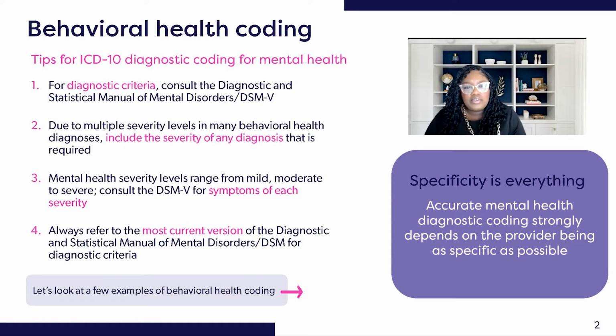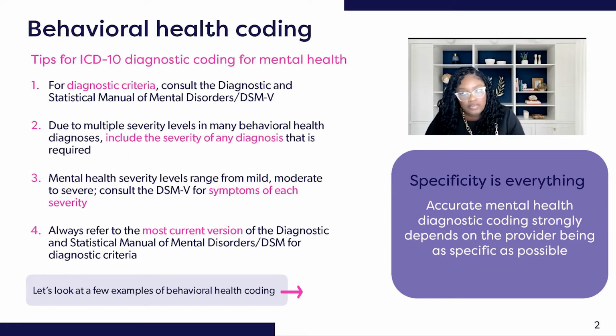Mental health severity levels range from mild, moderate, severe, and there are symptoms outlined in the DSM-5 for each. Patients have to meet certain criteria, and we'll go into that, in order for you to diagnose them with those different severity levels. Always refer to the most current version of the DSM for your diagnostic criteria.